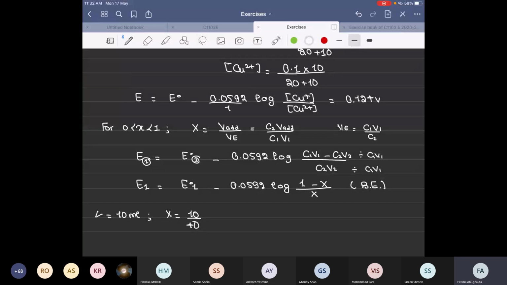Can you find E? لاحظوا can you find E? find E بكل بساطة. so هون ال X is equal to 0.25 يعني ال E1 بتساوي ال E01 اللي هي للcopper minus 0.0592 log 1 minus 0.25 على 0.25. Very simple. Okay. You get actually an answer of 0.1247.